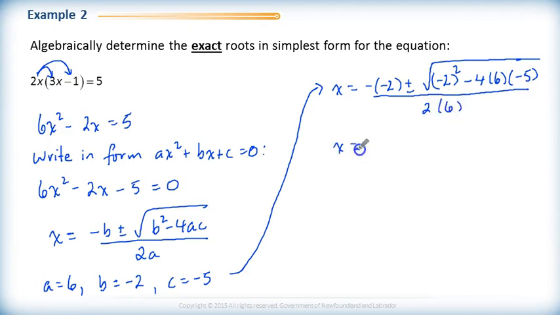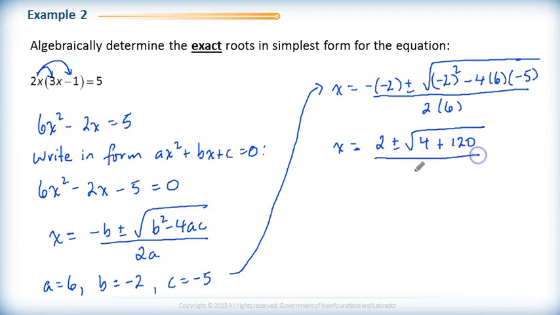We've got x equals negative of negative 2 is 2 plus or minus square root of 4. Now here's the key place where you can make a mistake. We've got to subtract here, but we've got another negative here, so we're going to end up adding the result of this multiplication. 4 times 6 is 24, times 5 is 120.